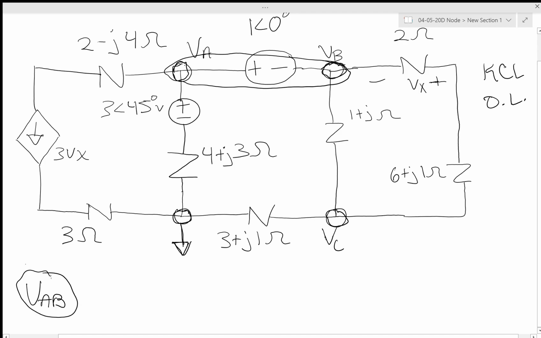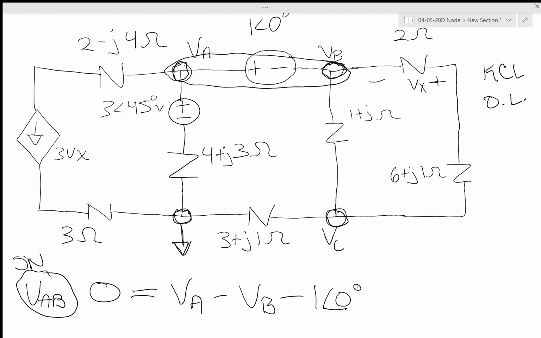And this is going to be 0 equals VA minus VB. Don't blow through the node. Sign farthest away is minus 1 angle 0 degrees. Okay, so that is the supernode equation, or the equation for the supernode, I should say.